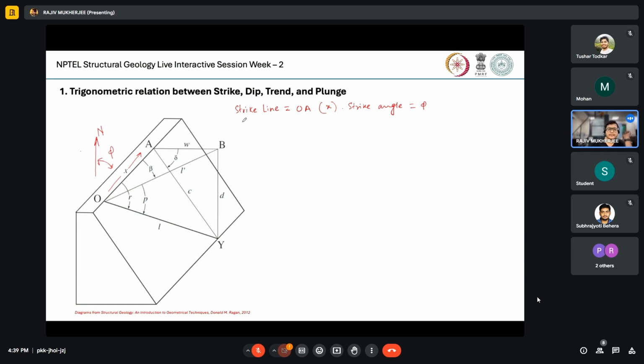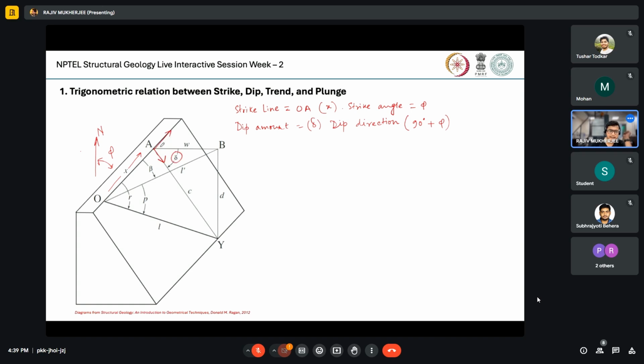Now we will define the dip amount, that is delta, right? And dip direction, of course, it is 90 degrees plus phi, following the right hand rule. Okay, so this is the dip amount and this is the dip direction if this is the strike.